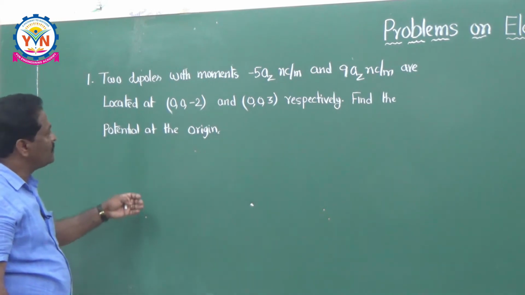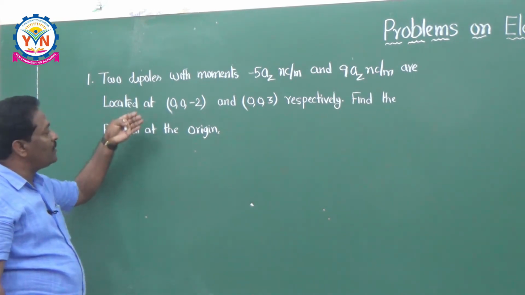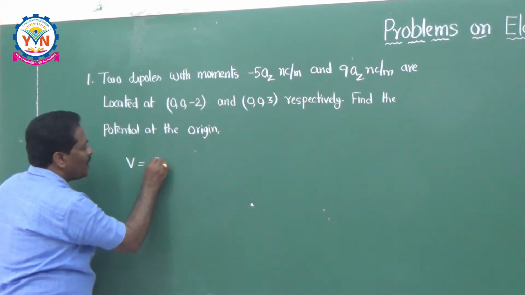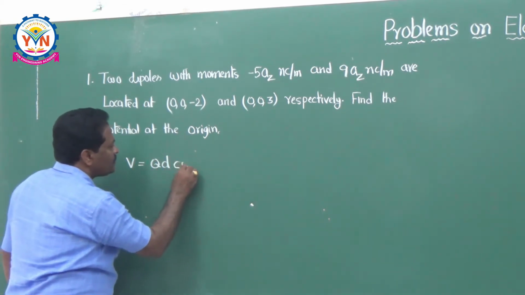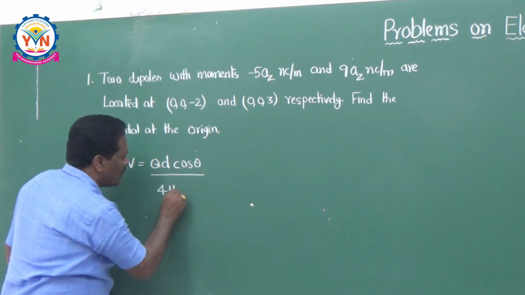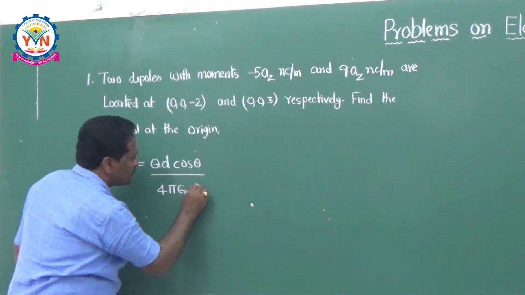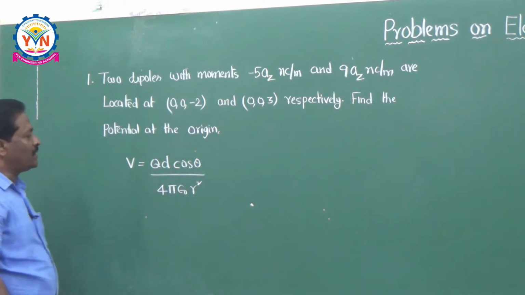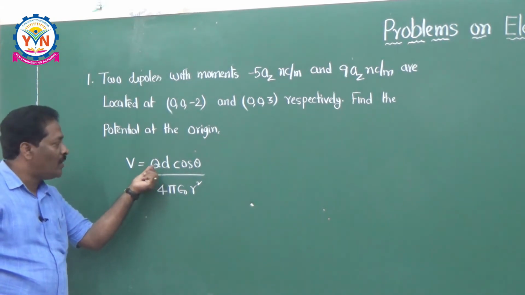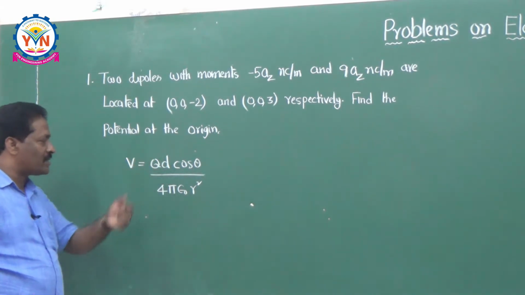So, you know the potential formula for a dipole. Potential V is equal to QD cos theta by 4 pi epsilon naught into r square, where r is the distance. This QD is nothing but your dipole moment, the product of one of the charges and the distance between the charges.